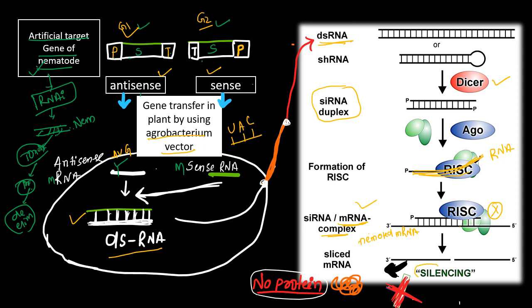Due to silencing of this nematode mRNA, it does not produce protein. Due to no protein, the organism will die. So this is the application of RNAi.